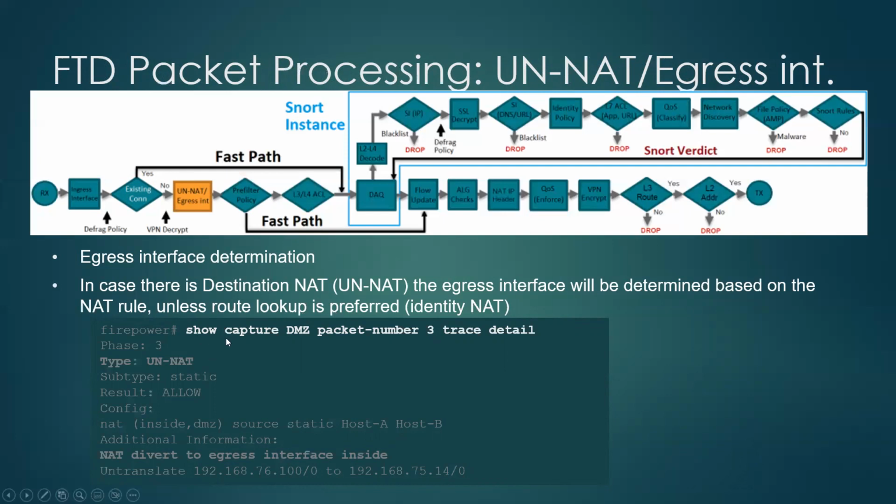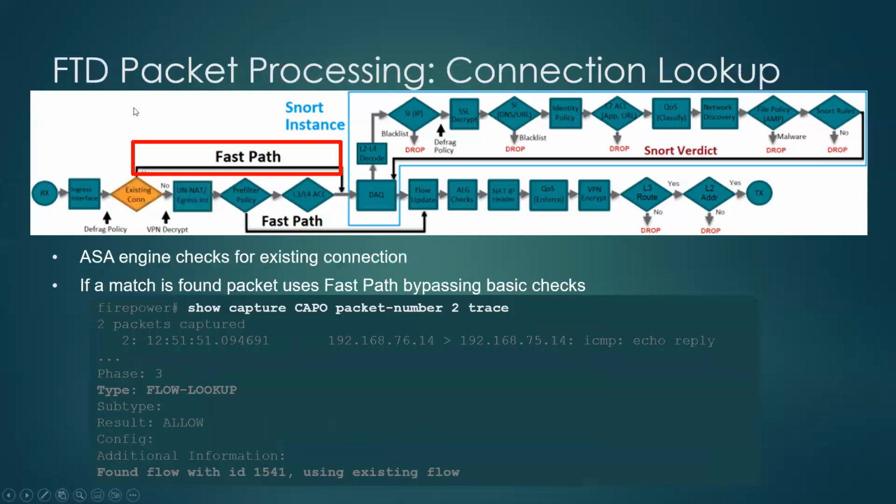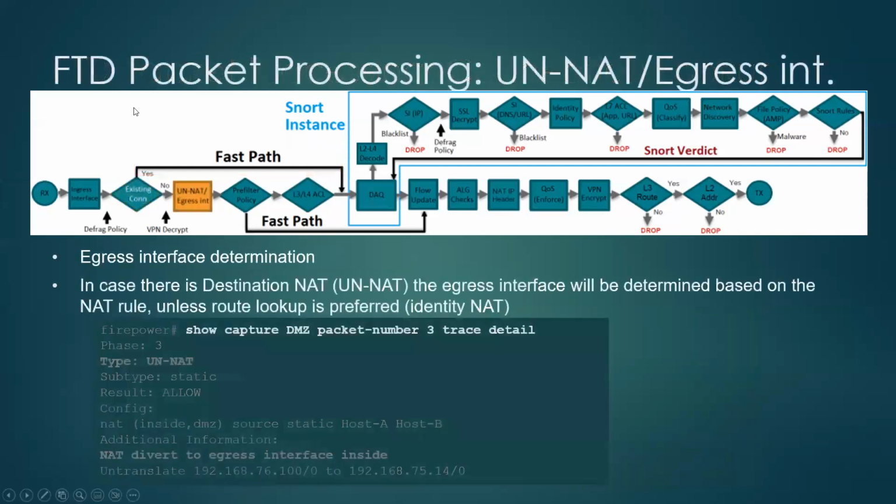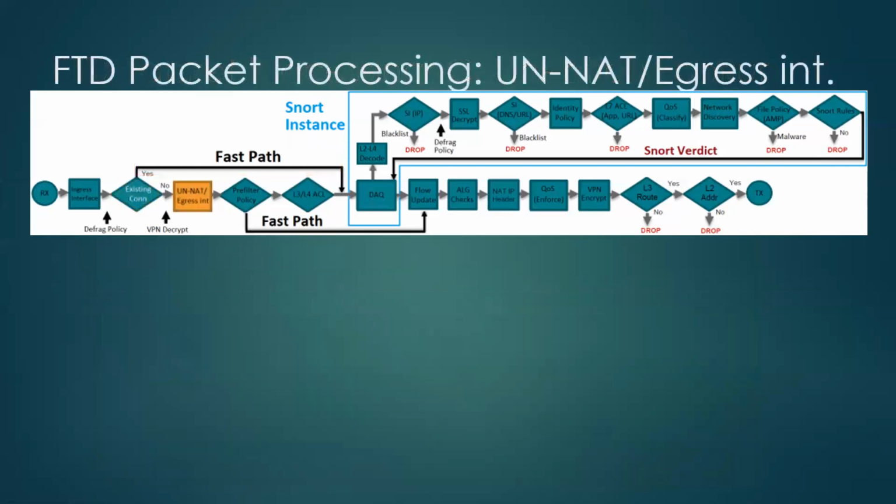If you run the command show capture DMZ packet number 3 trace detail, this is at the unNAT. If you check packet 2 trace, this will be the flow lookup. So all the places behind the scenes tell you at what stage it is reaching.